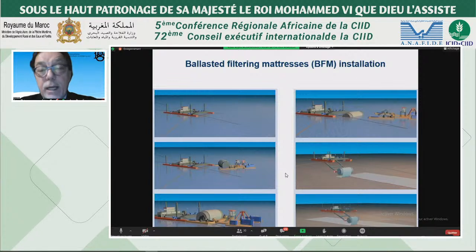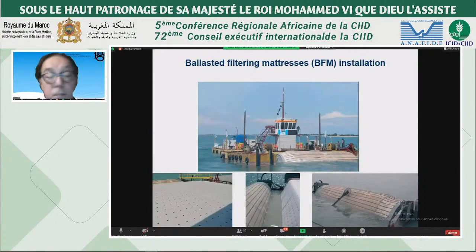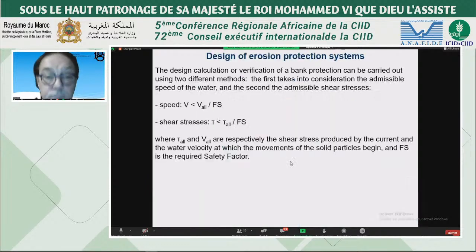Ça peut être utilisé dans des canaux ou dans la profondeur de la mer avec certains contours. Ici, vous voyez d'autres images de l'application de ces matelas lestés.